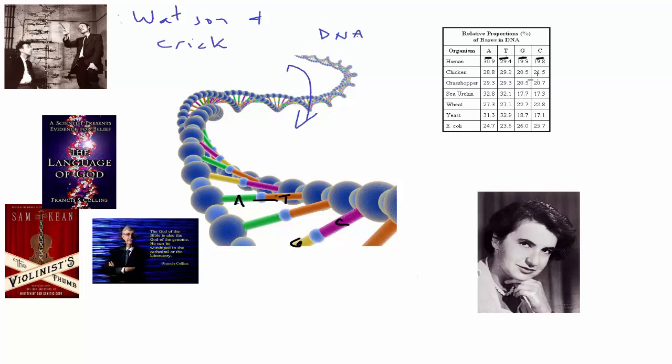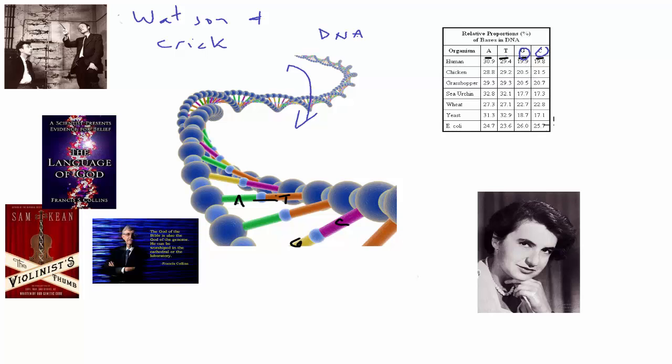What I see is when I look at the ratio of adenine to thymine, or A to T, they seem to be equal, or within experimental error, pretty close to being equal. The same thing is happening if you look at guanine and cytosine.